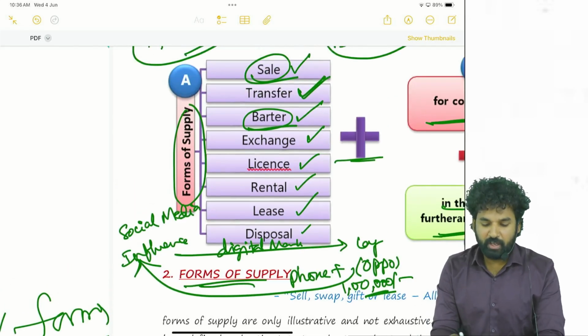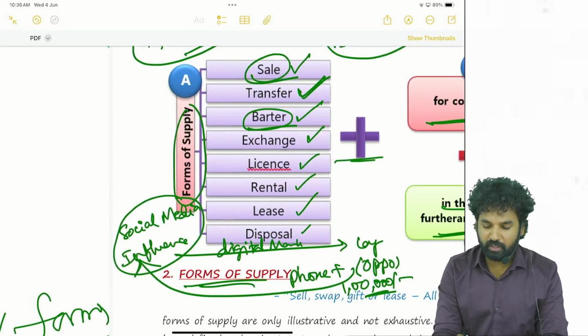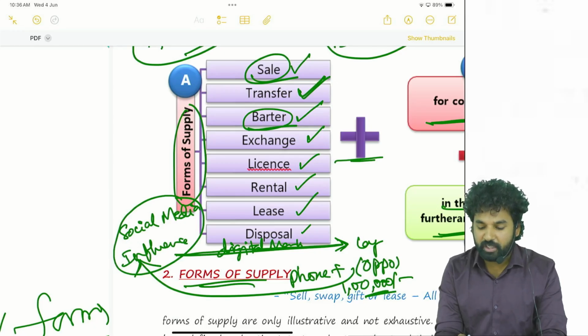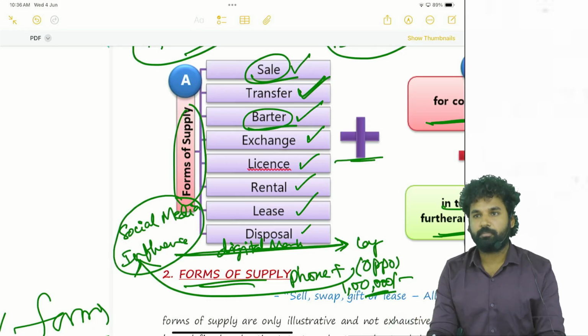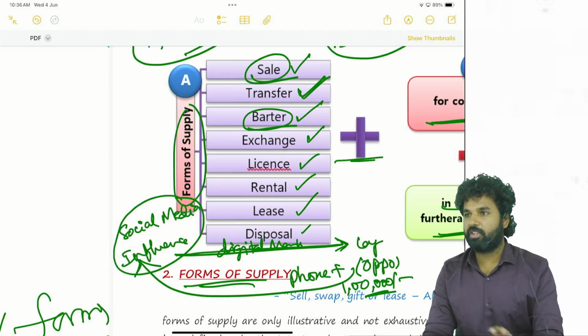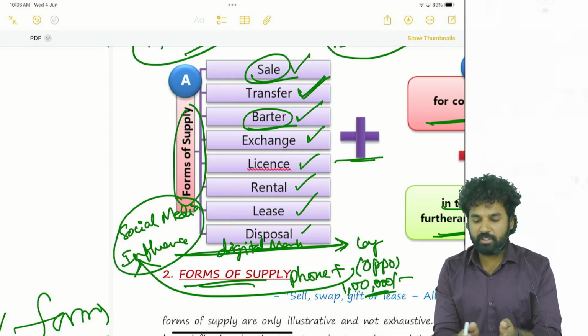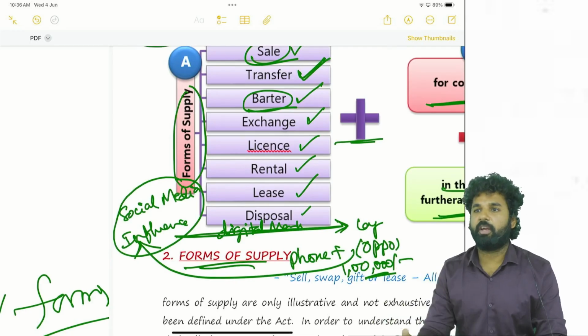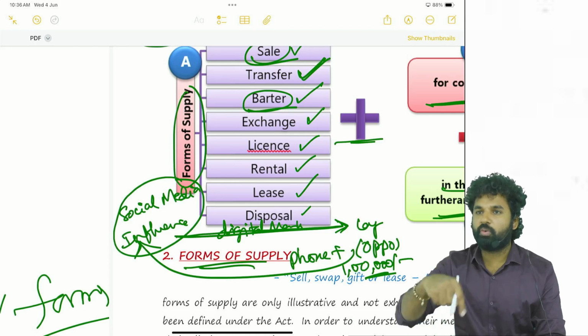So that means whenever a social media influencer is giving digital marketing services to the company, he is giving a service. It is a supply. So likewise in exchange also it is a supply. In Amazon we are placing an order of a new phone in exchange of our old phone.